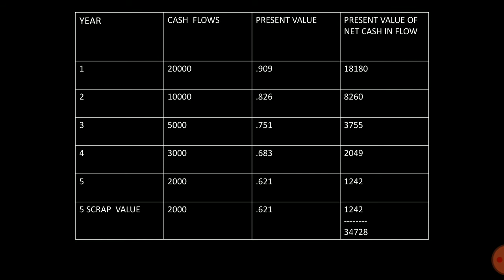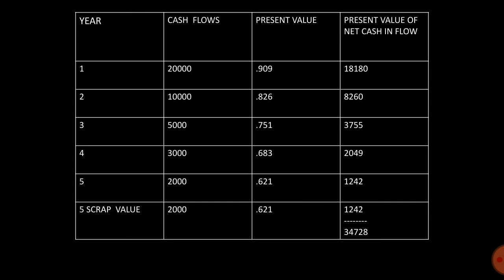Then the second column is cash flows, that is 20,000, 10,000, 5,000, 3,000, 2,000, and last column scrap value 2,000. Then present values. With the help of the present value table, we already identified present values at 10% rate of interest, and that is 0.909, 0.826, 0.751, 0.683, 0.621, and 0.621.